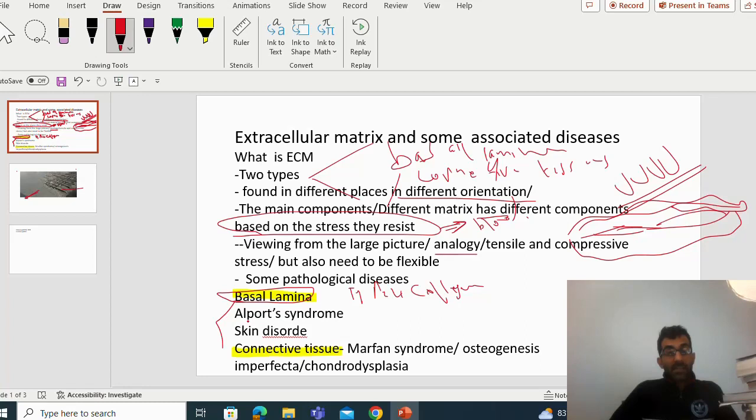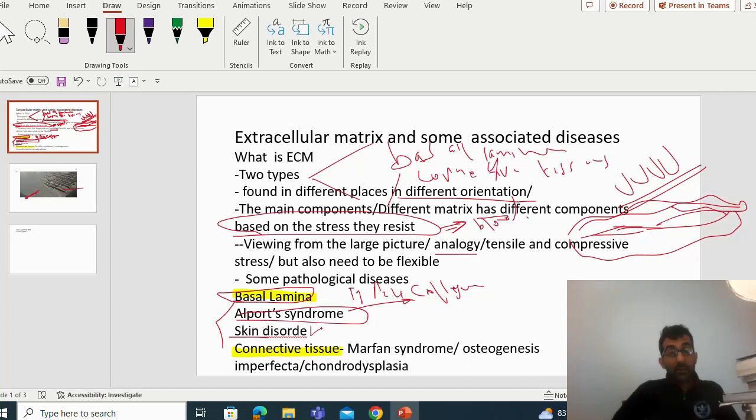Alport syndrome is a hereditary kidney disorder. It is a mutation in the gene that produces type 4 collagen. This affects filtration in the glomeruli in the kidney.